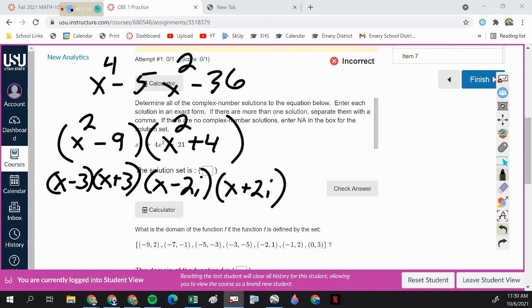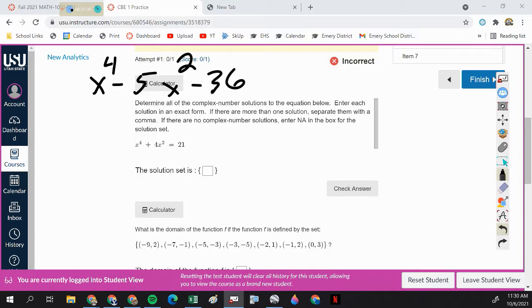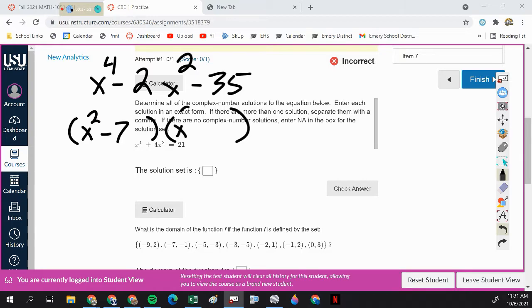Okay, so let's change it, make it a little bit harder. Like this. How does that factor? x squared minus 7 and x squared plus 5.